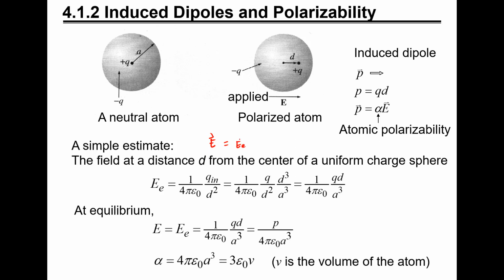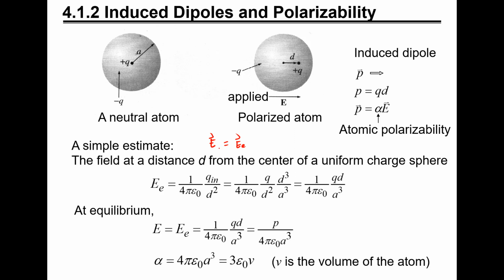Okay, so again, at this point, when the nucleus has moved a distance d, which is very small, the external field pushing the nucleus to the right exactly balances the internal field pulling it to the left.